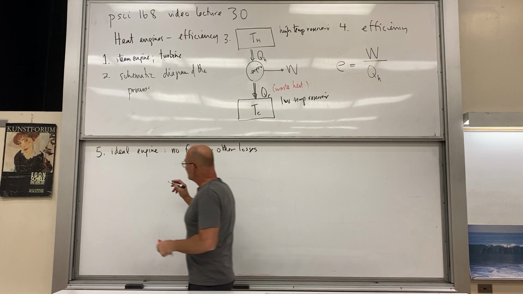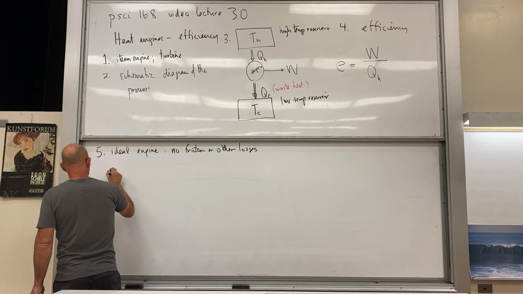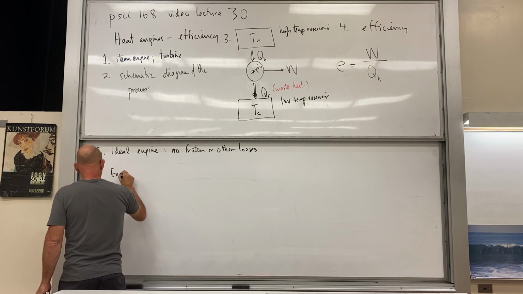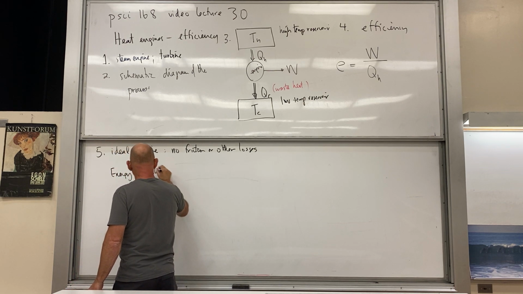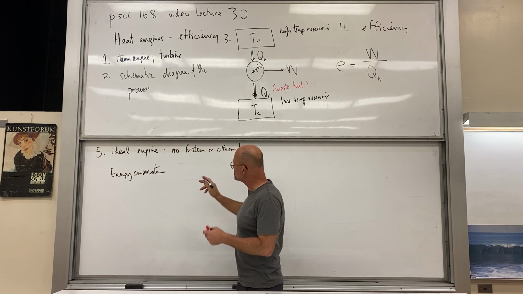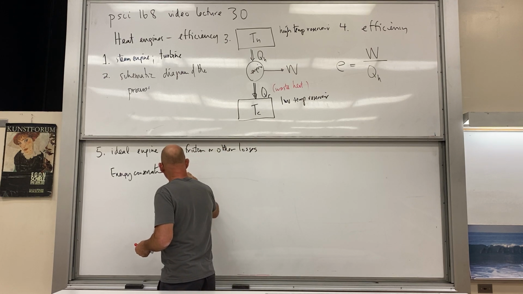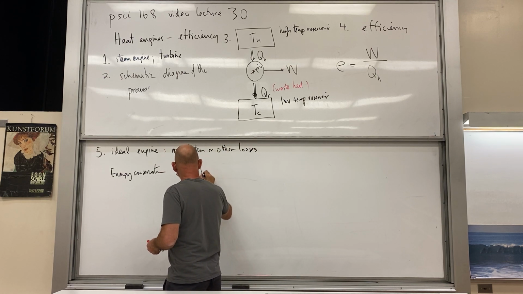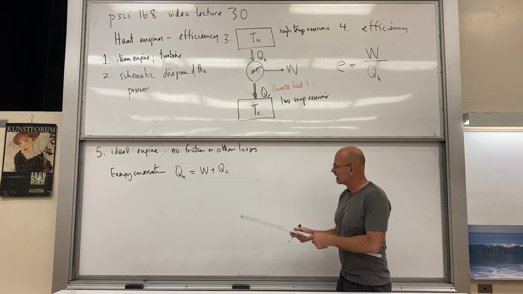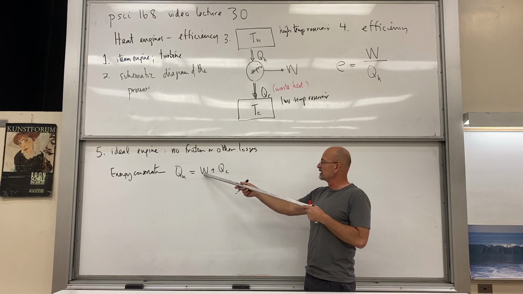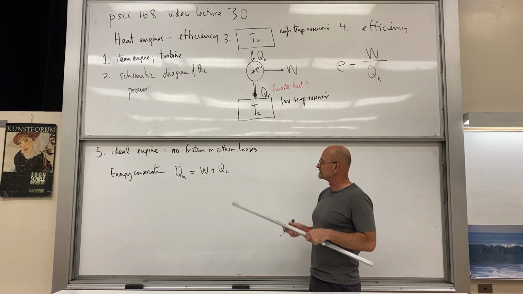So in that case, we have two laws. We have energy conservation, which we've been learning about all semester, and in this scenario, QH is equal to W plus QC. From that energy in, you're either getting work or you're having waste heat, and that's it.